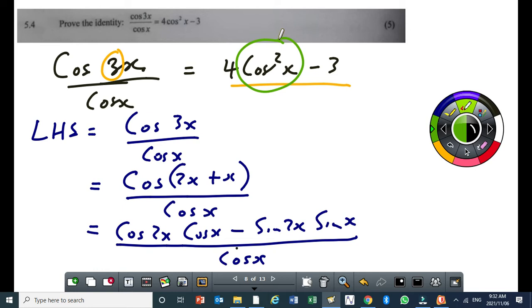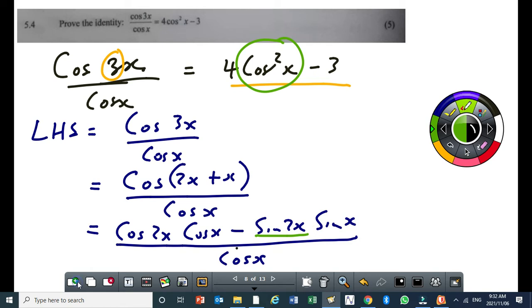The only way to make sure sine disappears is to convert sine 2x to 2 sine x cos x.